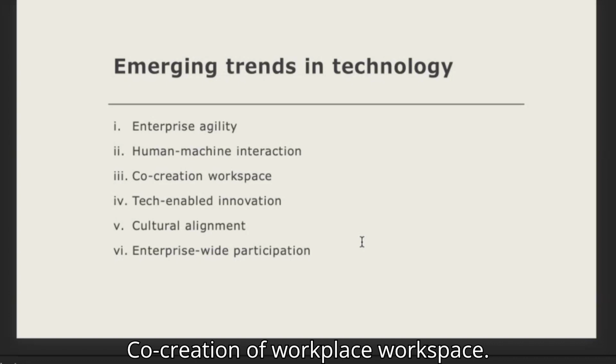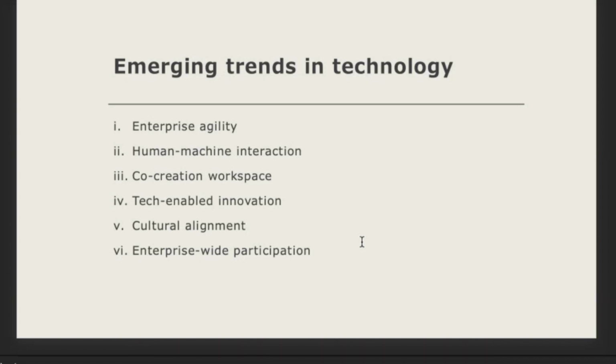Co-creation of workspace. Co-creation will require physical proximity to a specific location for some, advanced and collaborative tools for others, and a culture and leadership that incentivizes desired behaviors and outcomes.